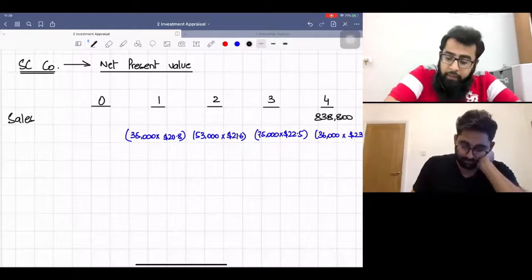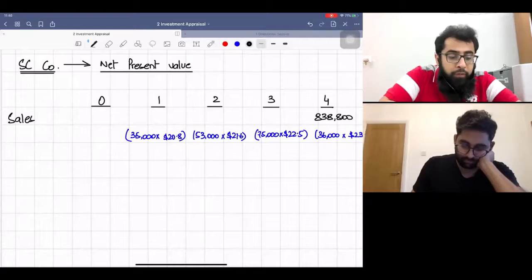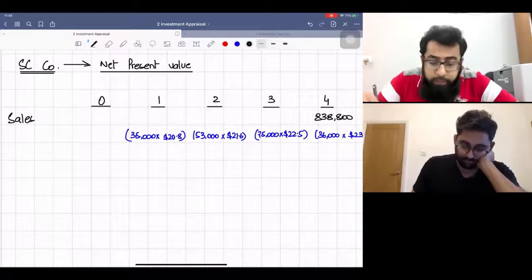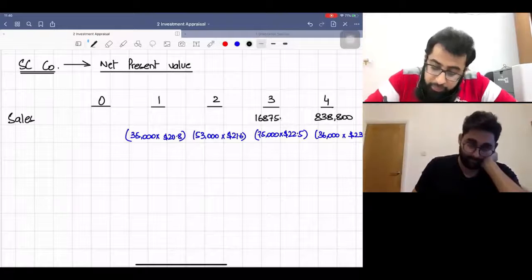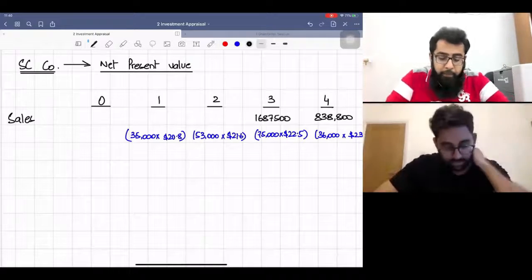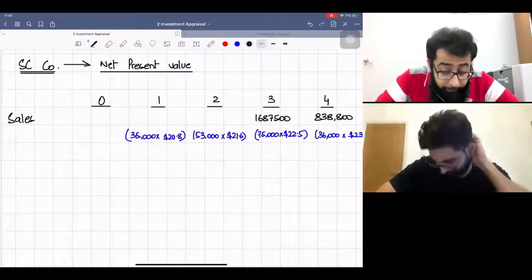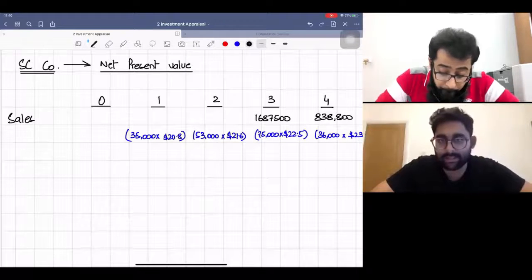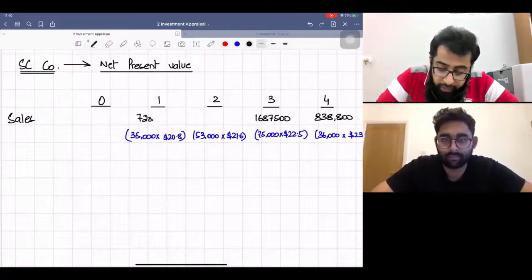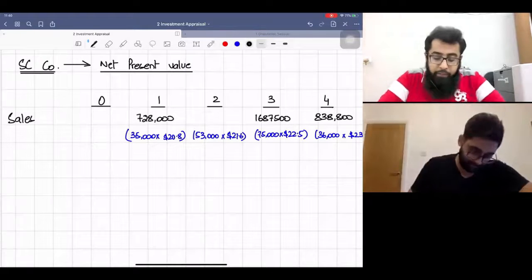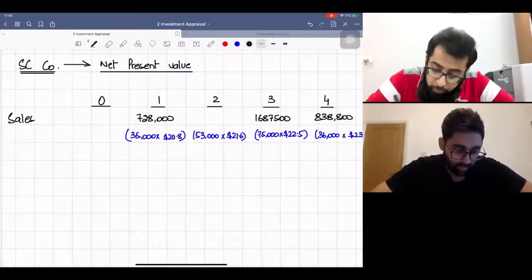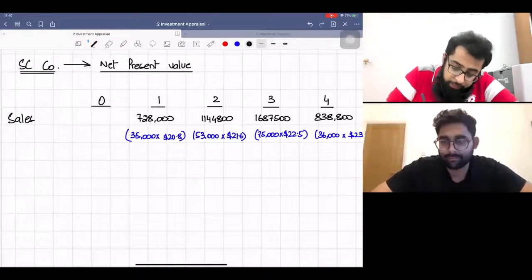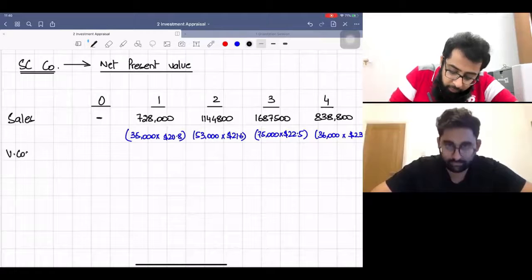Then 75,000 into 22.5 is 1,687,500. Year one is 728,000. And then 53,000 into 21.6 is 1,144,800.